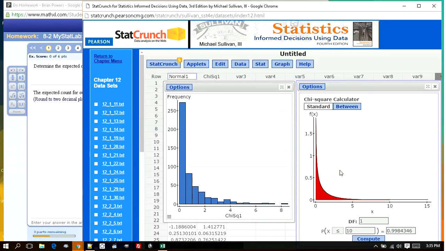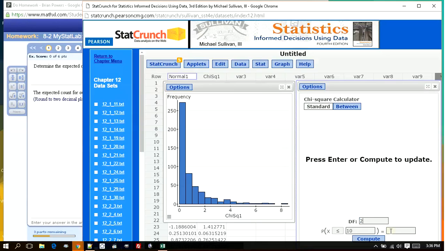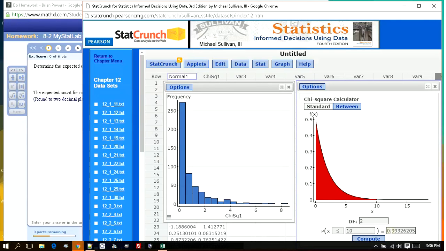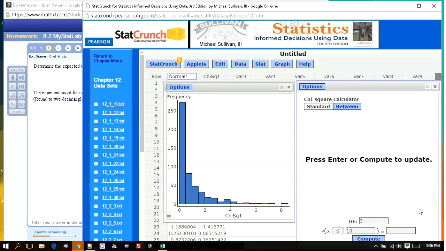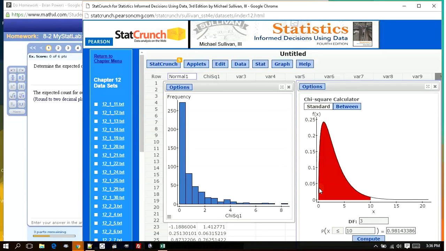And if you were to take a bunch of different chi-square random variables and add them together, the degrees of freedom increases. So I'm going to show you what 2 degrees of freedom looks like. Here we see this is not quite as steep. With 3 degrees of freedom, now we actually have a curve that comes up and goes down. 4 degrees of freedom.